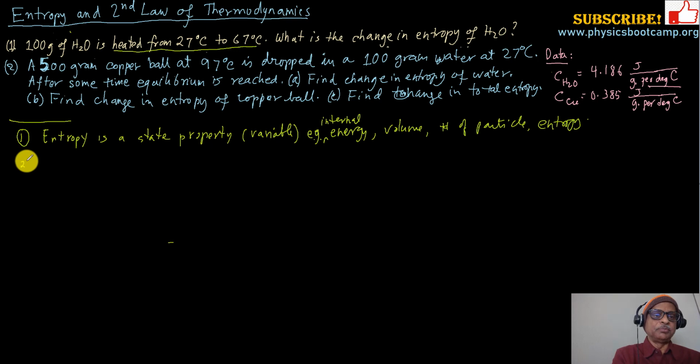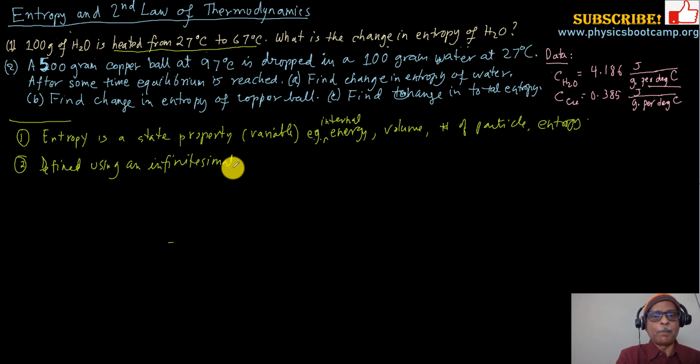Number two: because entropy is a state variable, we define it using an infinitesimal process, usually what is called a reversible process.